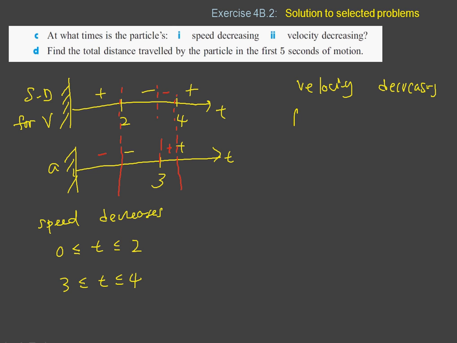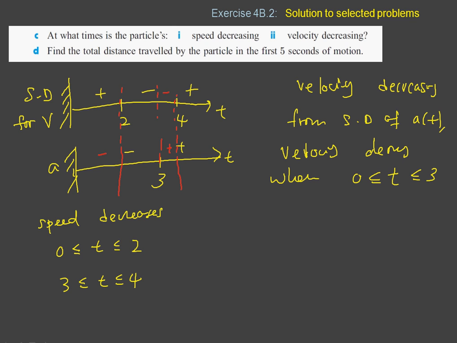So clearly from the sign diagram of a, velocity is decreasing when t is between 0 and 3.